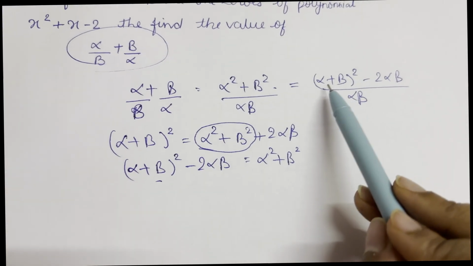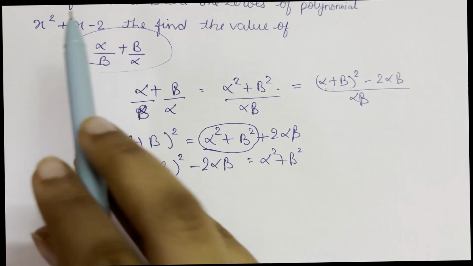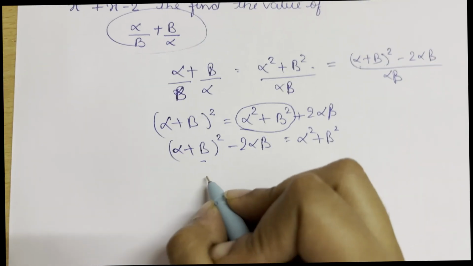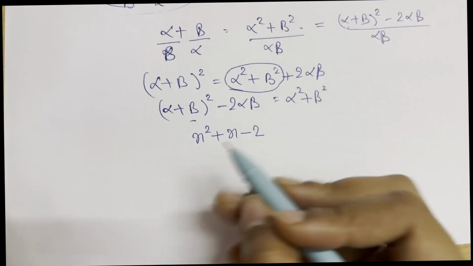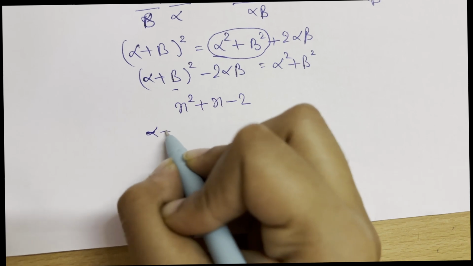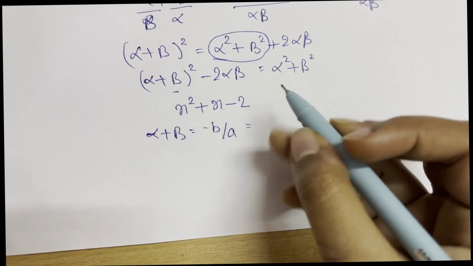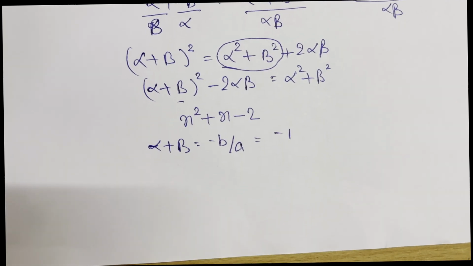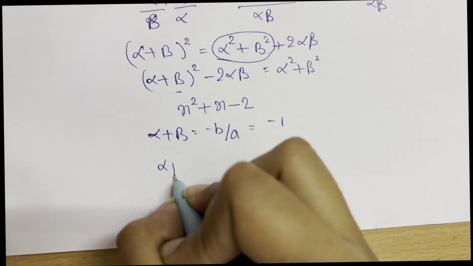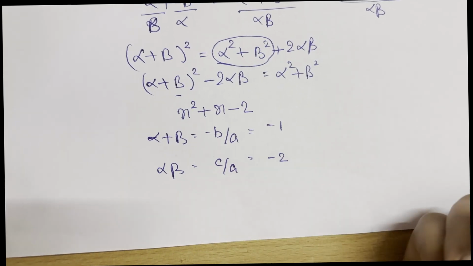We can easily find the values of alpha plus beta and alpha beta from the given polynomial x square plus x minus 2. Alpha plus beta, which equals minus b by a, is minus 1, and alpha beta, which is c by a, equals minus 2.